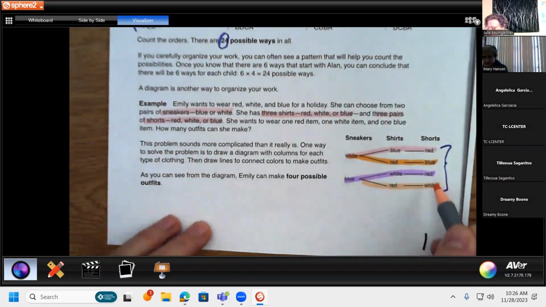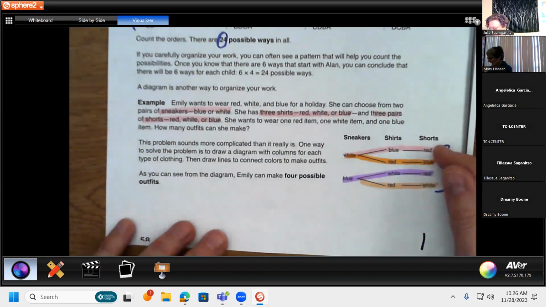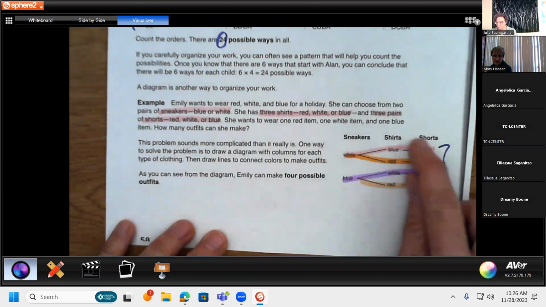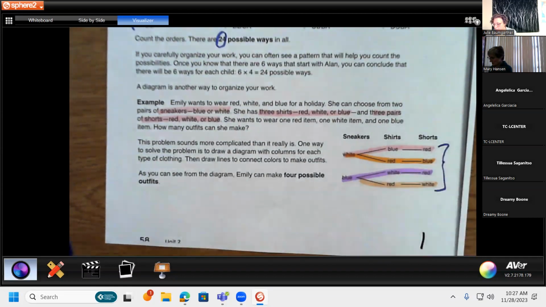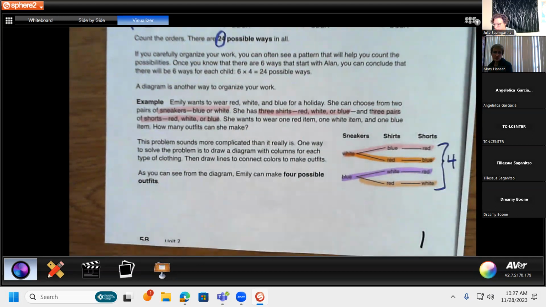And then blue, red, and white is the fourth option. So you could either count the options here at the end to get 4, or you can follow the paths and count that there's 4 paths to her 4 outfits. And so she can only make 4 outfits if she restricts herself to wearing red, white, and blue.